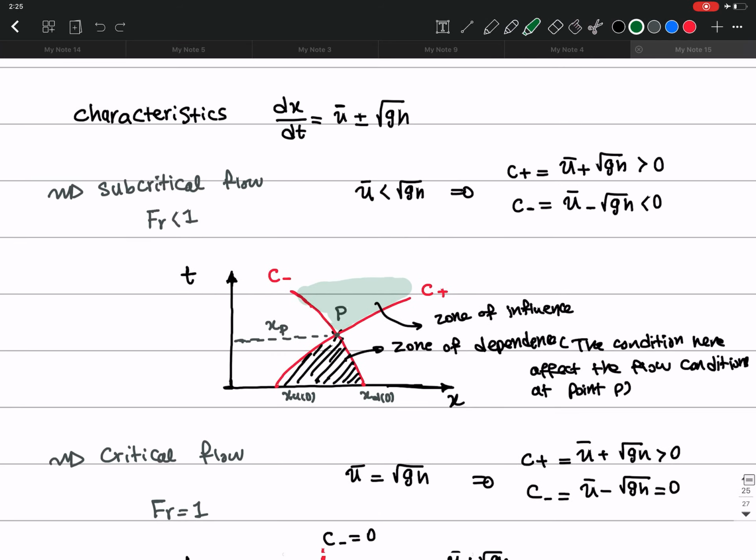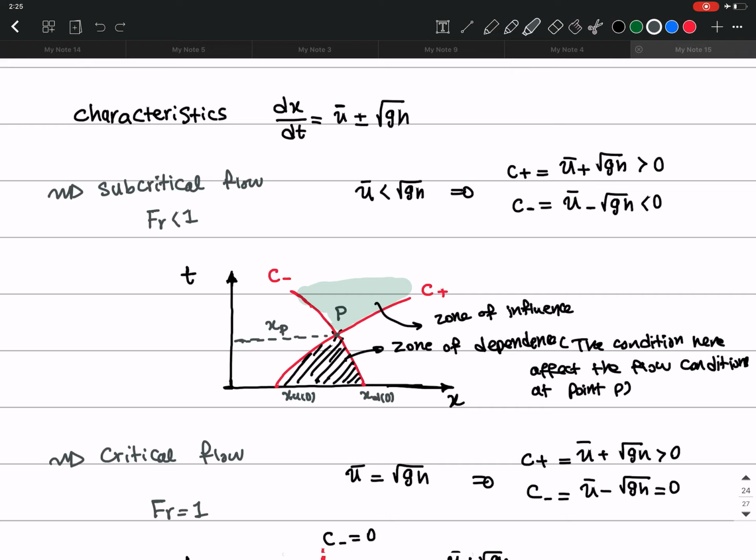Just remember, sometimes they call this part the zone of dependence. I said zone of influence in the previous session, but they also sometimes call this part the zone of dependence, meaning whatever happens here depends on that. This is just a convention in different fields.